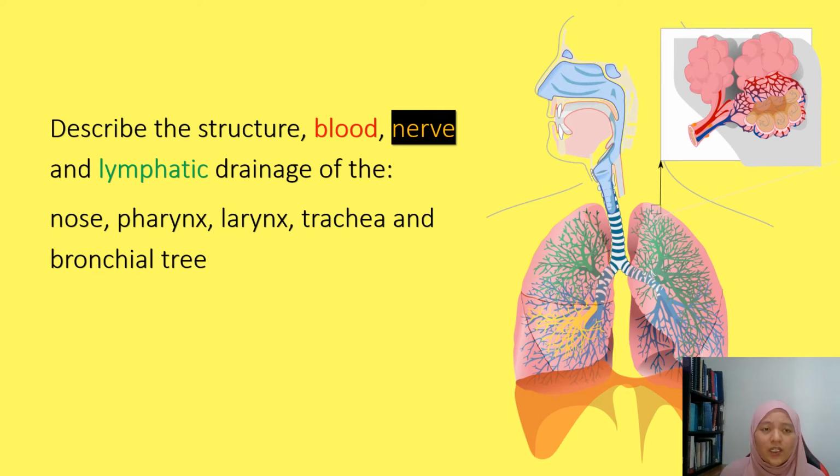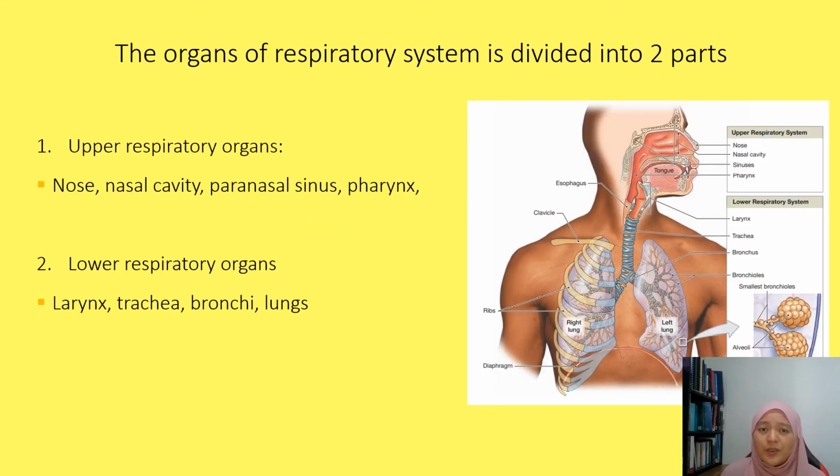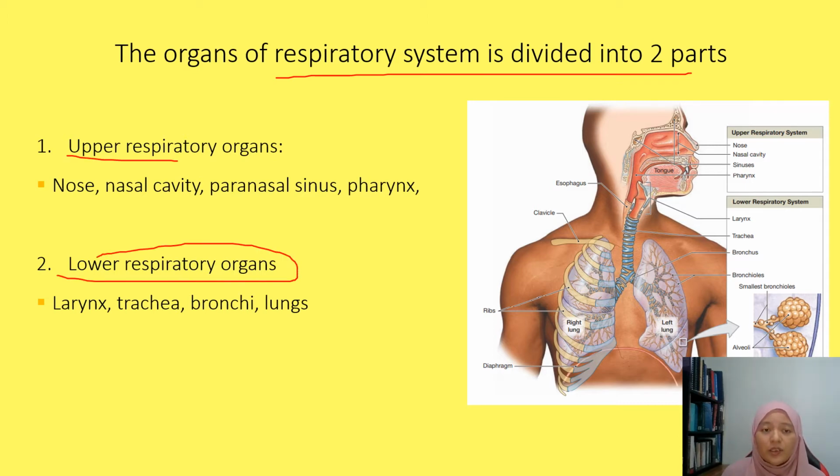So moving on to the next learning outcome. We're going to describe the structure, the blood and nerve supply, and the lymphatic drainage of these organs: the nose, the pharynx, the larynx, the trachea, and the bronchial tree. The respiratory organs are basically divided into 2 parts: the upper respiratory organs and the lower respiratory organs.